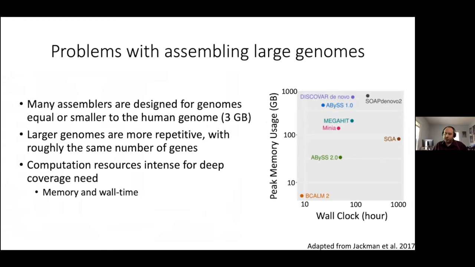The larger the genome, oftentimes that extra material is repetitive elements that are harder to sequence, but your number of genes is roughly the same in most cases. Those repetitive elements are almost impossible to assemble with short reads. The long read data really makes that possible. But then computational resources can be intense, especially for large, repetitive genomes, with the amount of data you need.